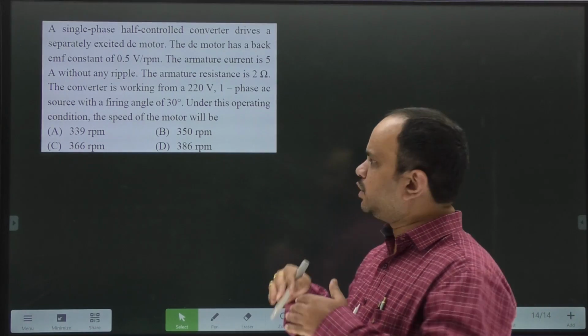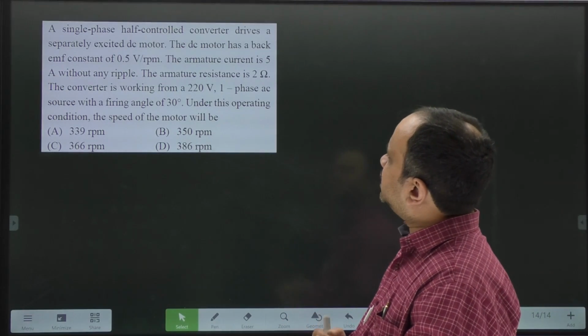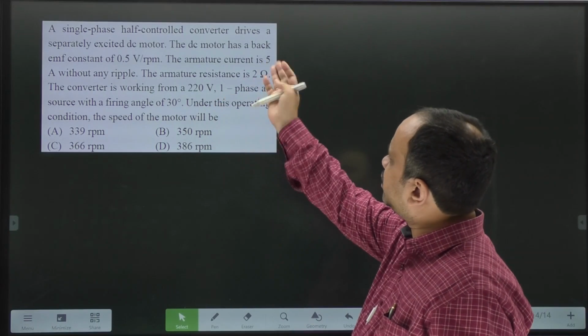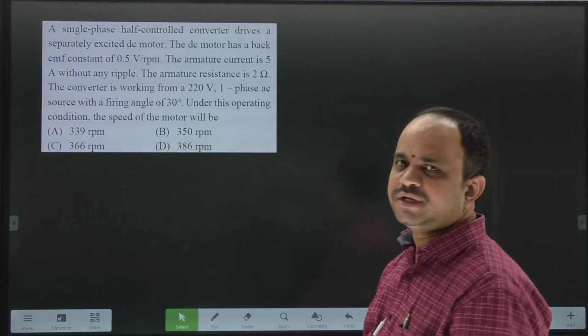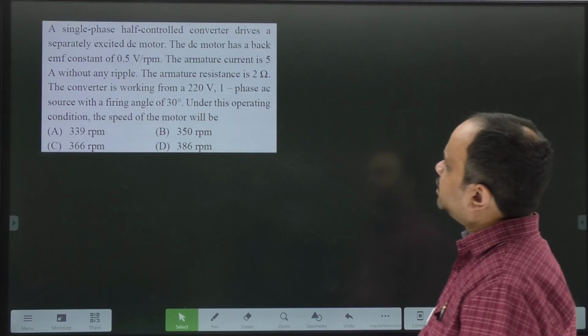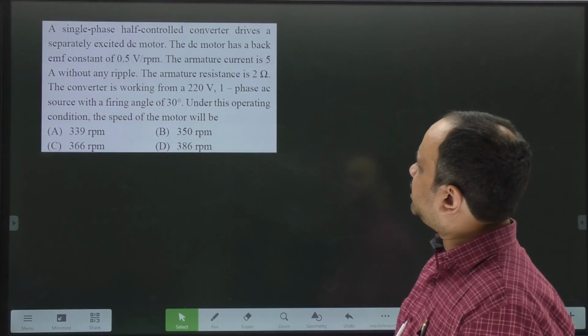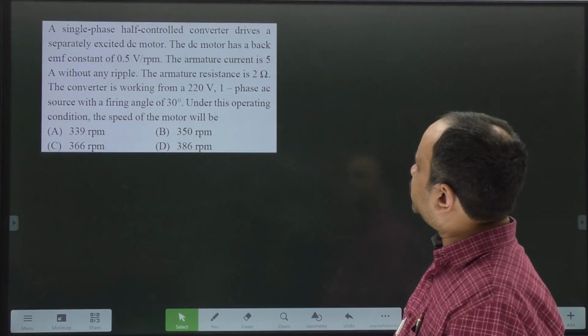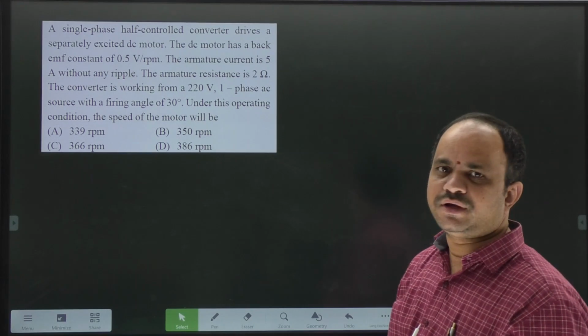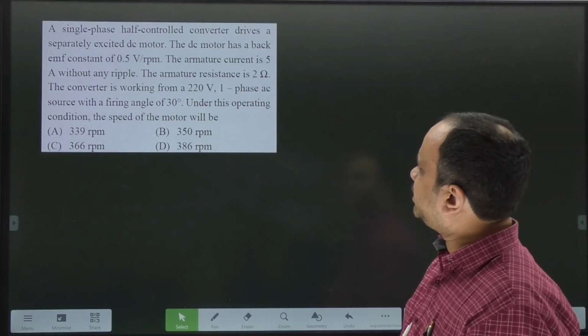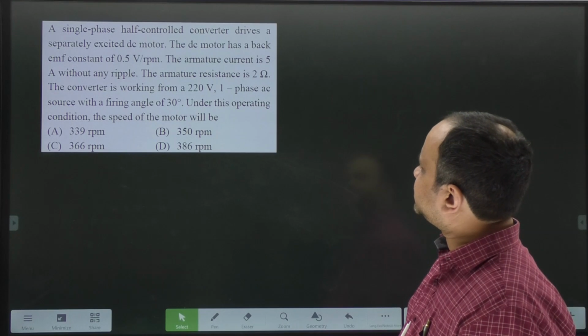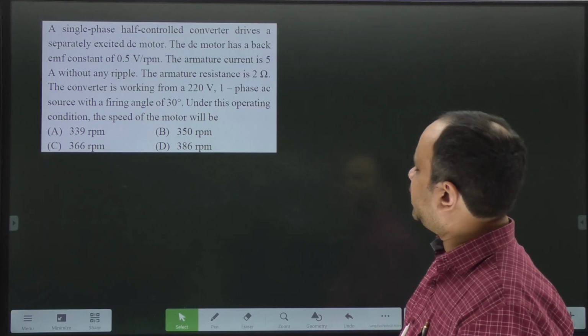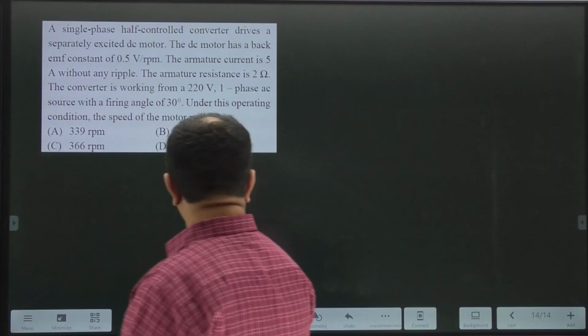Now, let us look into the next problem. A single phase half controlled converter, which is nothing but single phase semi converter, drives a separately excited DC motor. The motor has a back EMF constant of 0.5 volt per RPM. Armature current is 5 ampere without any ripple. Let us note down the data first.